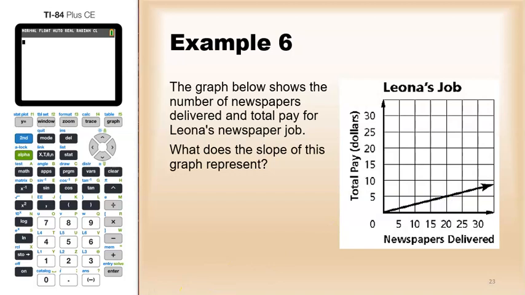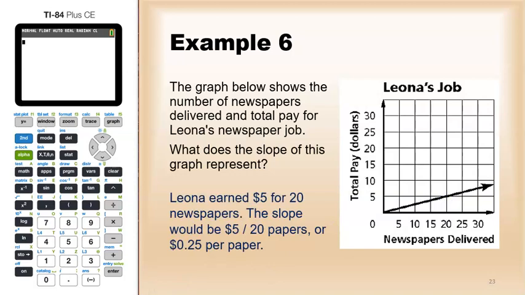So what that tells me is the slope is $5 over 20 newspapers. So the slope would be $5 for 20 newspapers, or that comes out to be 5 divided by 20, or 25 cents for every 1 paper.